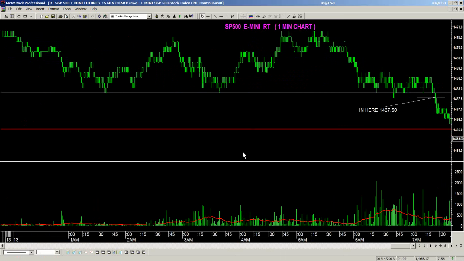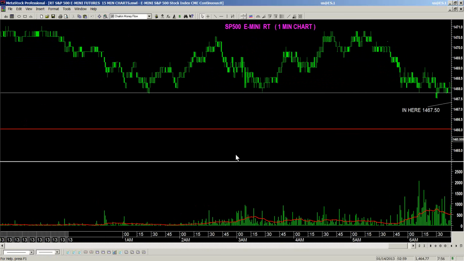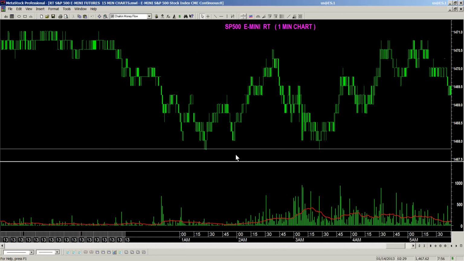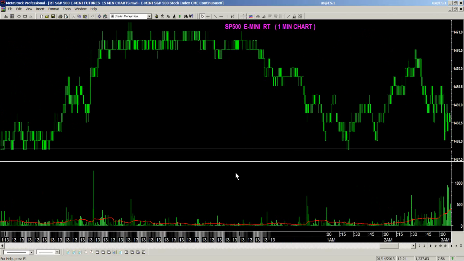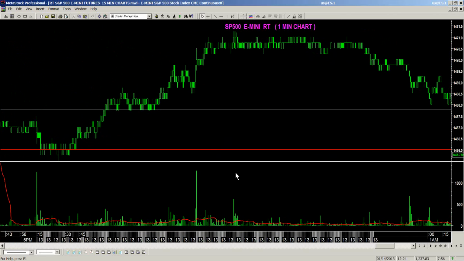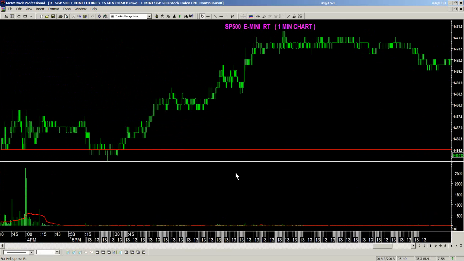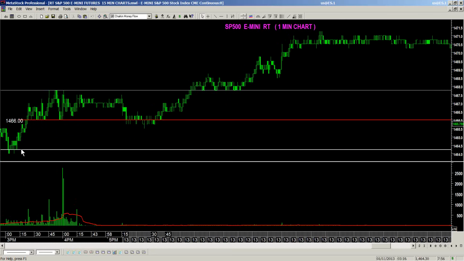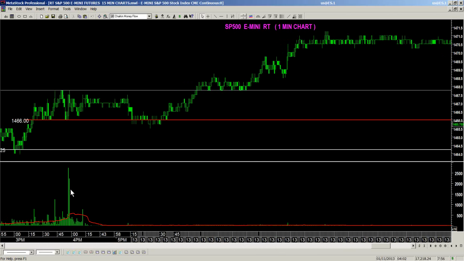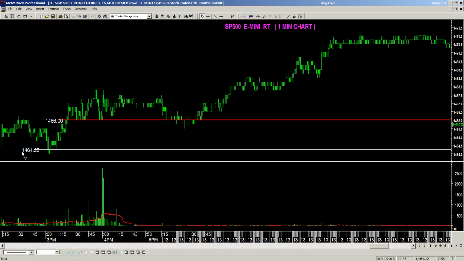Let's go back and take a look at the level at the 1464 bar. $14.64.25 on a rally.